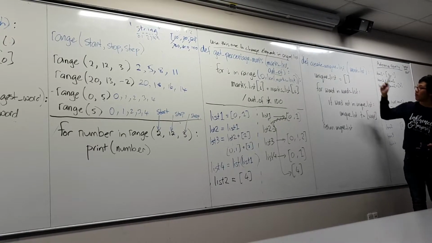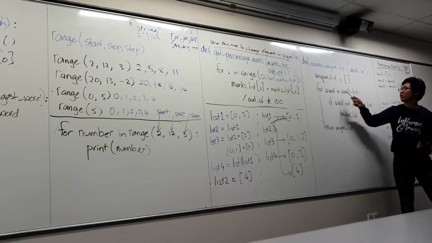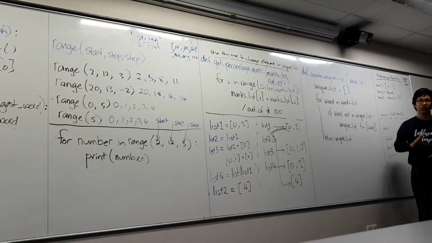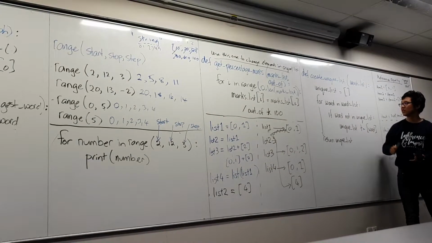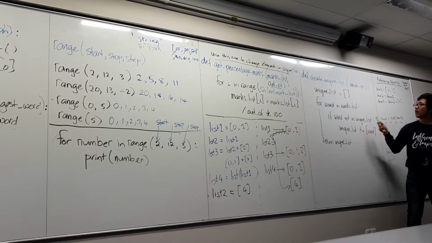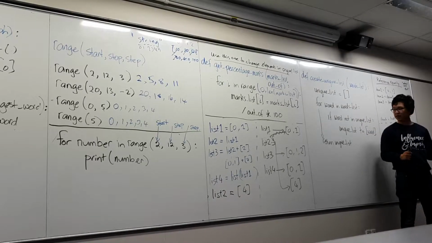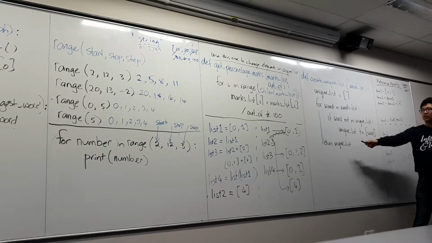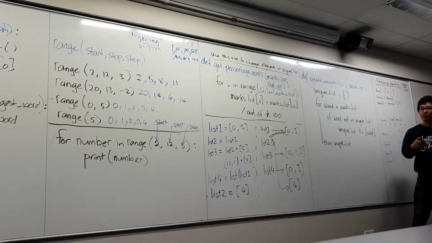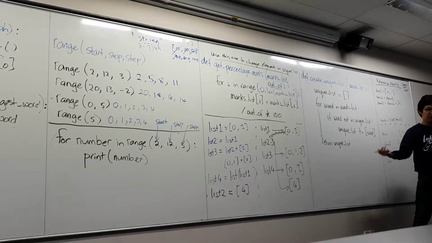Now I'm going to look at every word in this words list. For word in words_list, because remember, I only need to see what's there. I don't need to change what's there. So I'm going to use for word in words_list. If the word I'm looking at the moment is not in the unique list that I started with, then I'm going to add it to the unique list. So the first one, well, it's not there, so I'm going to put it in. Second one, it may be there. If it is there, okay, I'm going to go to the next loop.